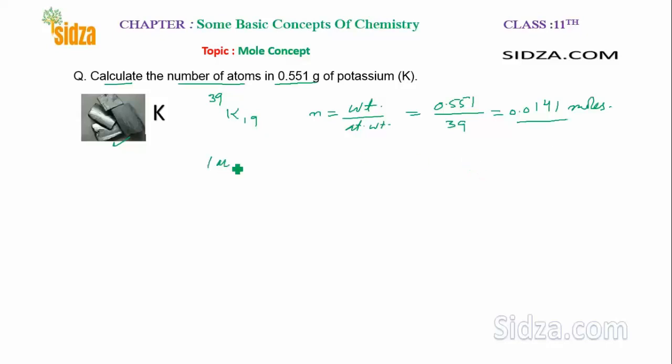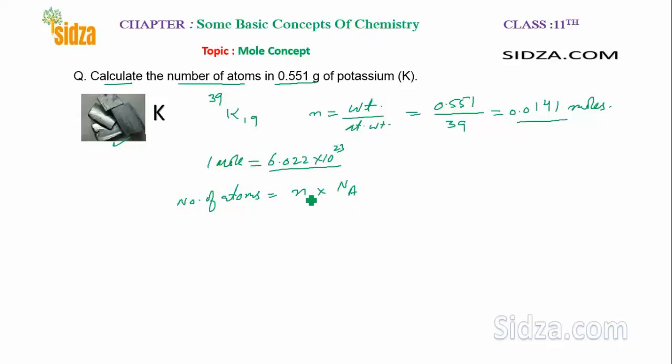Now 1 mole of a substance is Avogadro's number, that is 6.022 times 10 power 23. This is the number of particles present in 1 mole. So in 0.0141 moles, how many atoms will be present? The number of atoms will be equal to the number of moles times the Avogadro number.